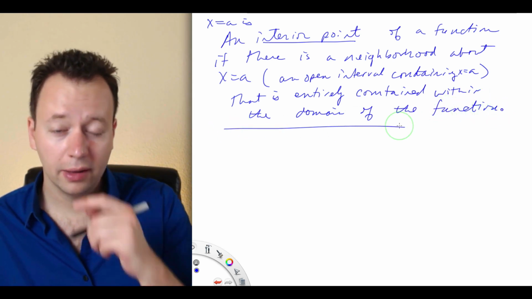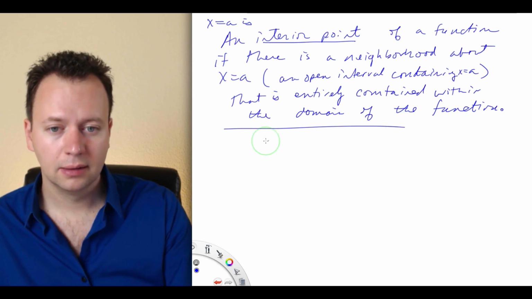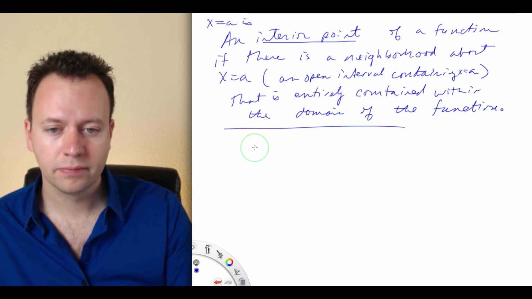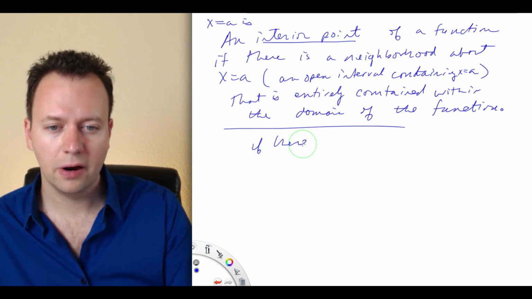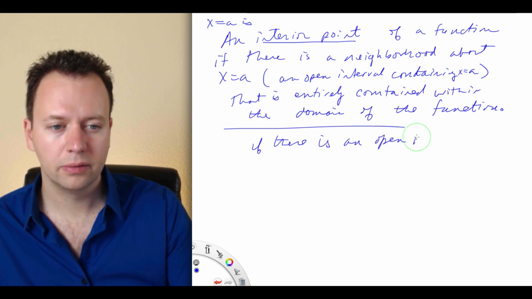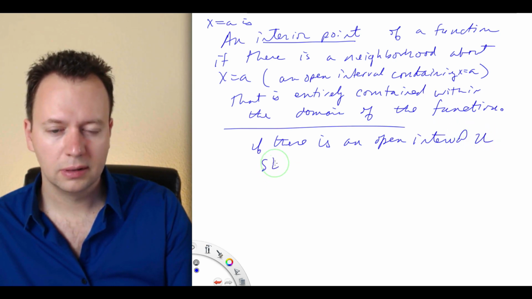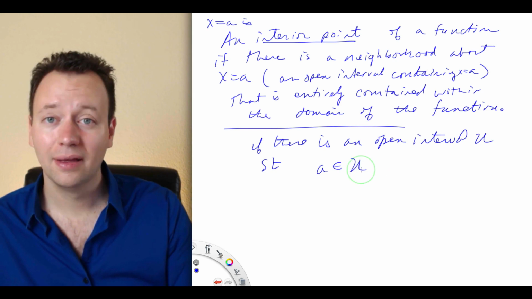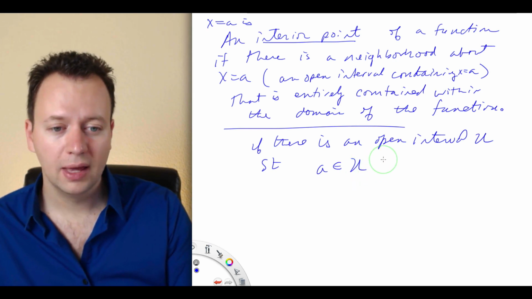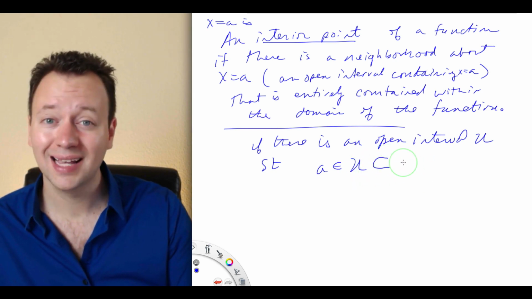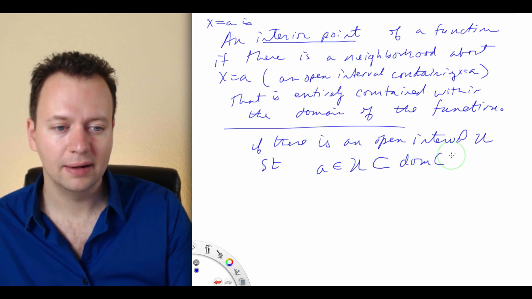So the short way to write this is if there is an open interval u such that the point a is contained in the open interval u, and the open interval u is a subset of the domain of f.